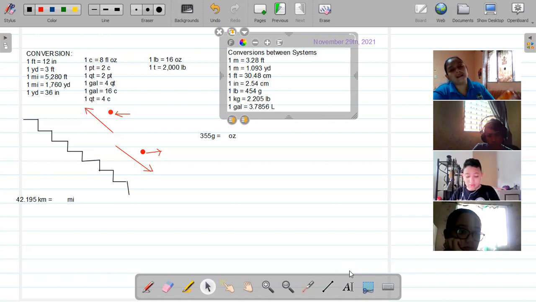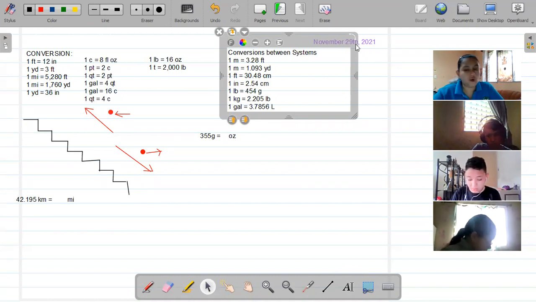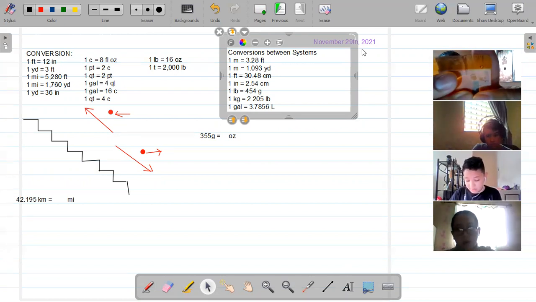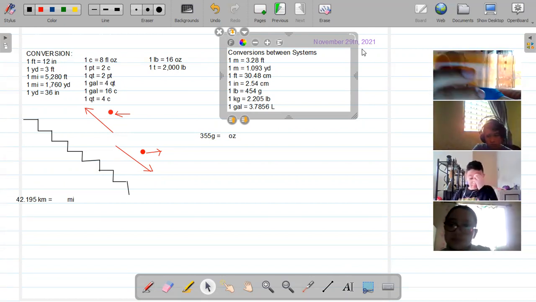And I know some of you might say, Miss, but if you said that a ruler is a foot and a ruler has 30 centimeters, why are you telling us today that a foot is 30.48 centimeters? Well, I'm going to explain to you why. So this is my ruler. And I told you and I showed you that my ruler has 12 inches.